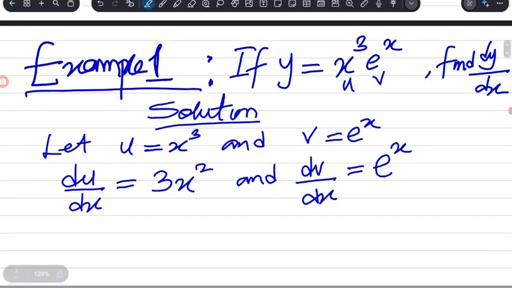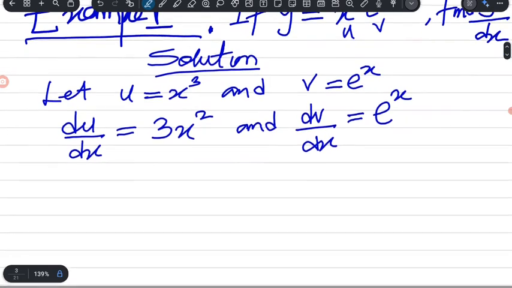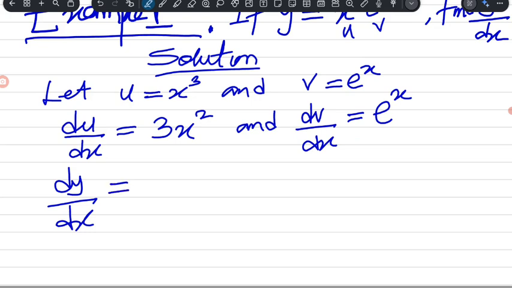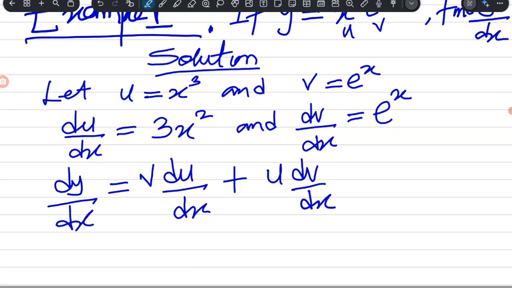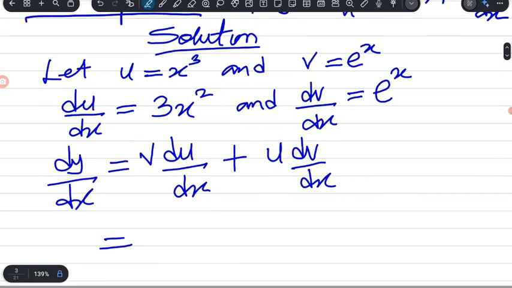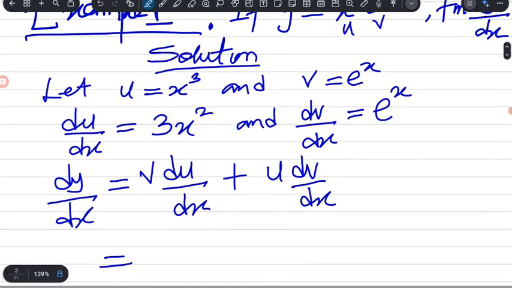So let's now apply the formula, which says dy/dx is equal to v du/dx plus u dv/dx. Let's substitute the values. What is the value of our v?